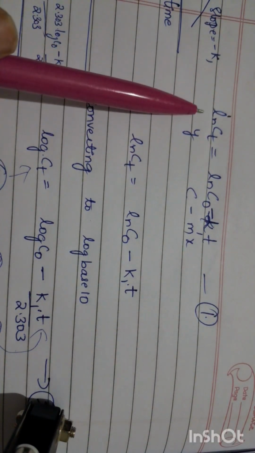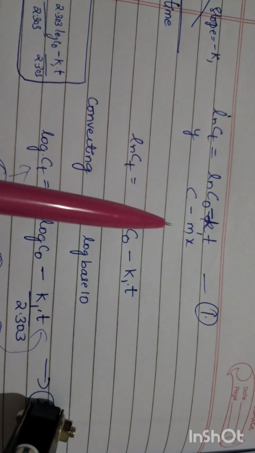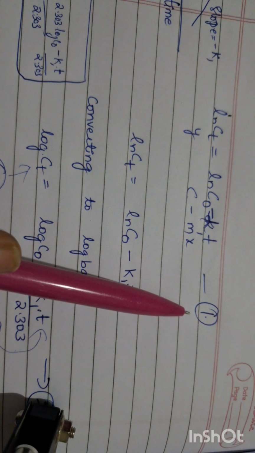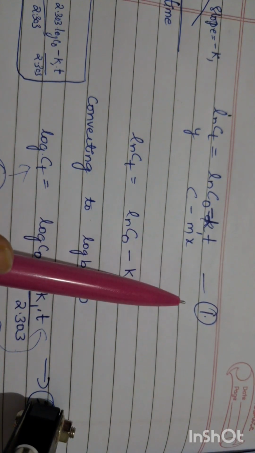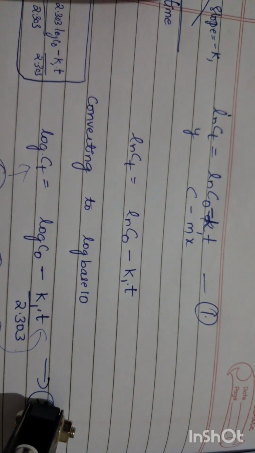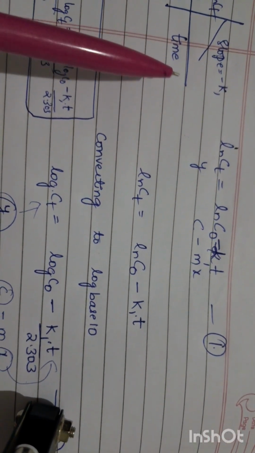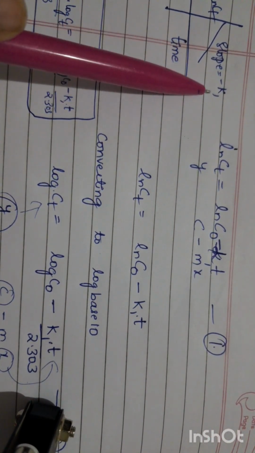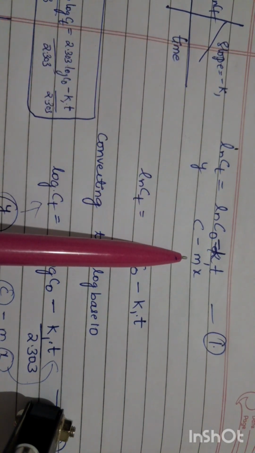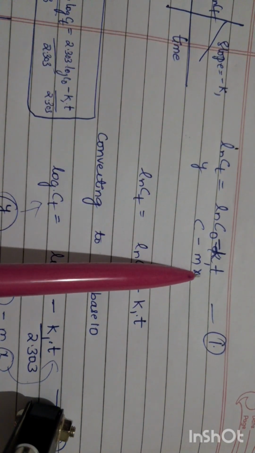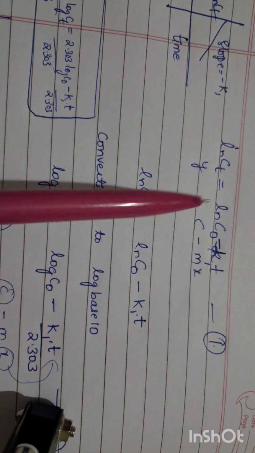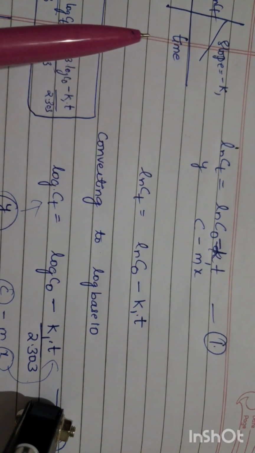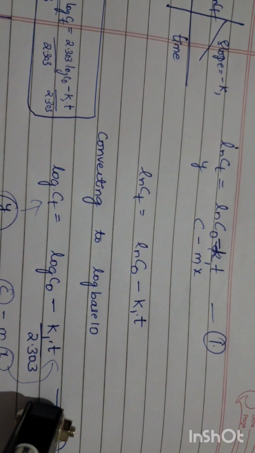So here ln of Ct is equal to ln of C0 minus K1 T. This is the first equation. From it we plotted a graph of ln of Ct versus time, and the slope we got is minus K1.